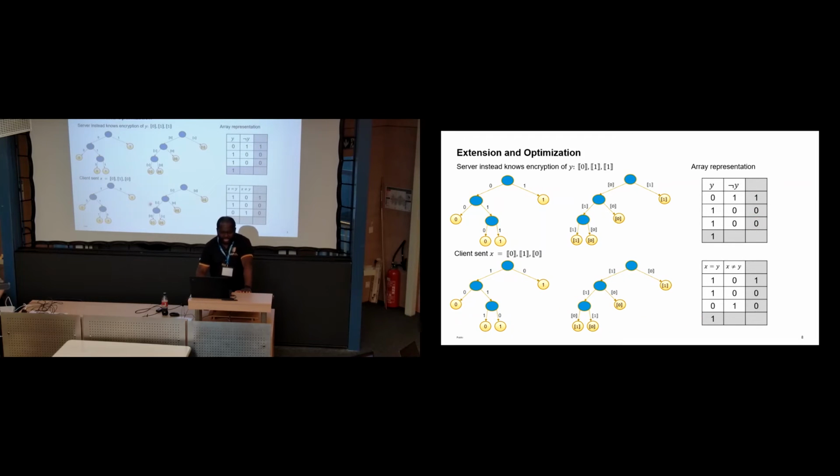Then we can do the same computation using the array. This means that later we'll multiply this value with this one, so we multiply along the rows.